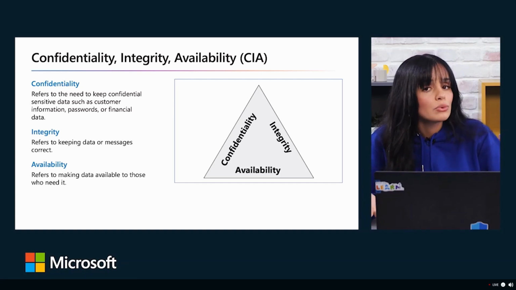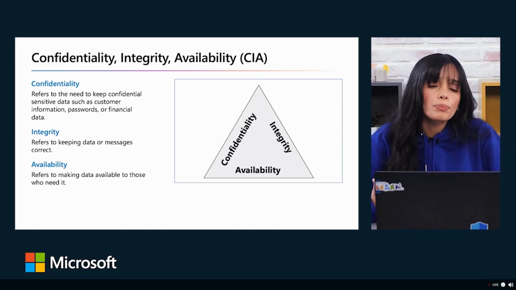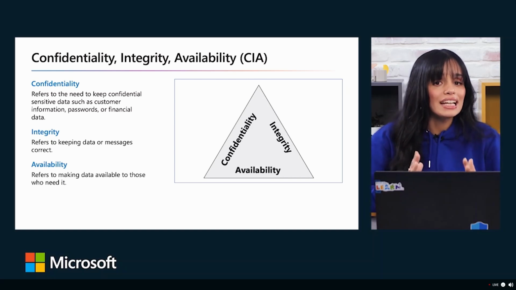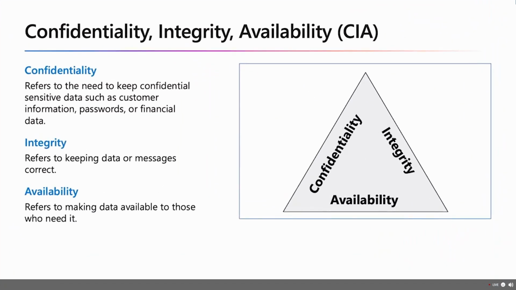A lot of the time we will see malicious attacks happening where you no longer have access to your file or project, and this is where we want to eliminate that issue by making sure the services that are supposed to be available for you are made available when you want to access them.